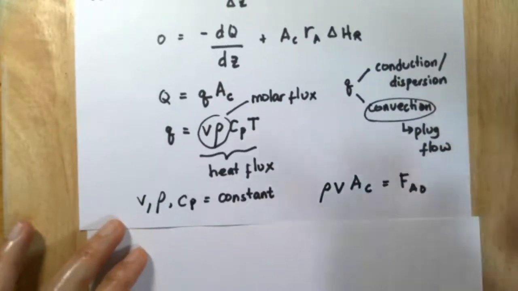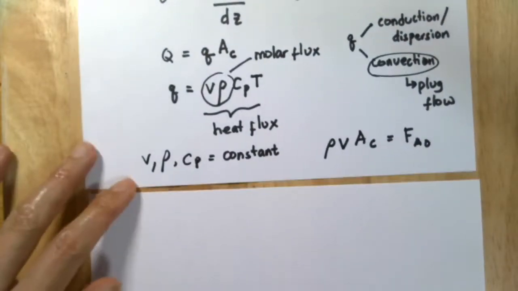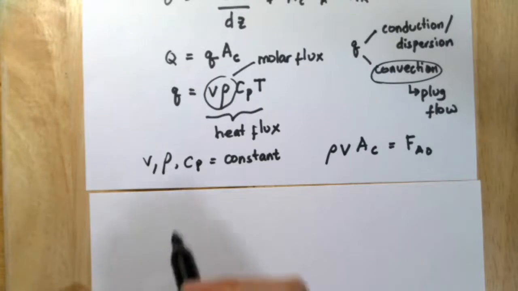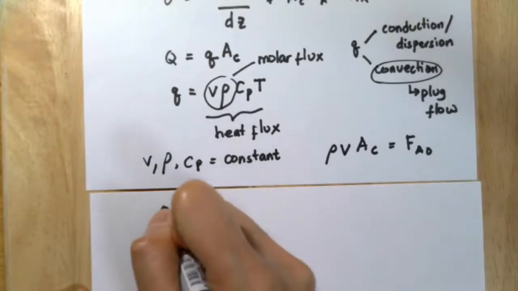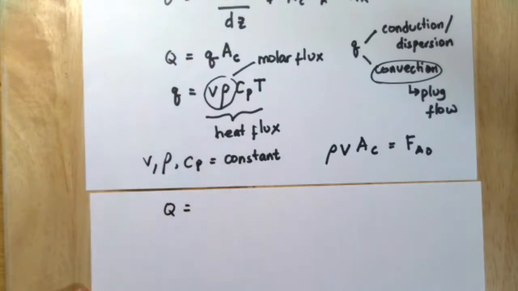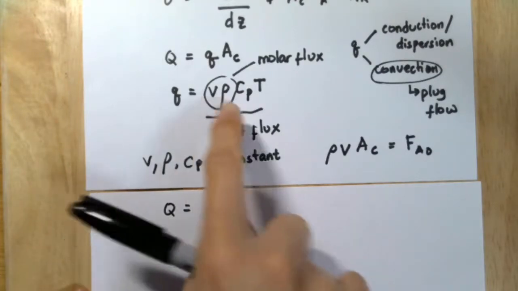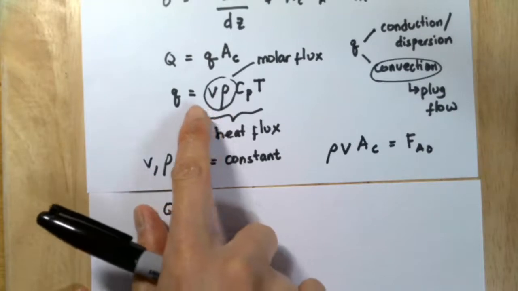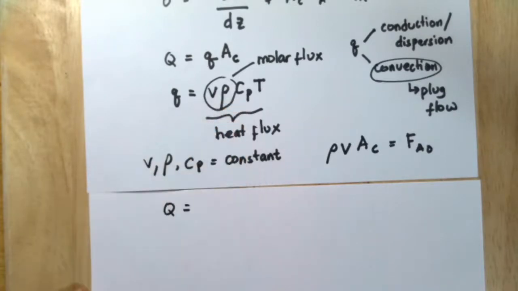So therefore, I can now write the heat flow rate, Q, as equal to small q times AC. Let's write q first.